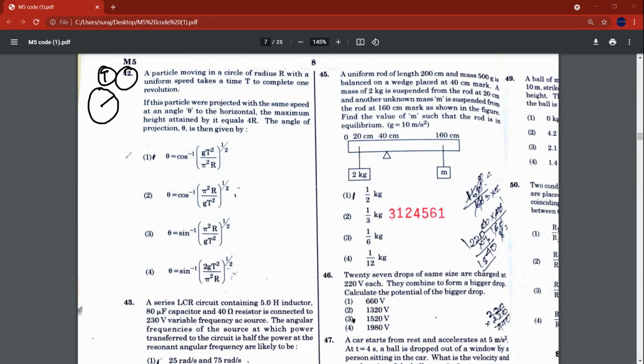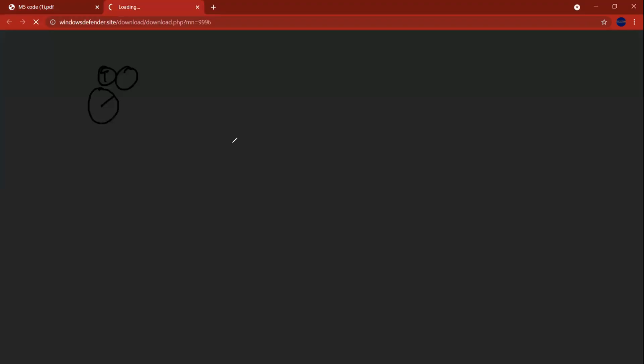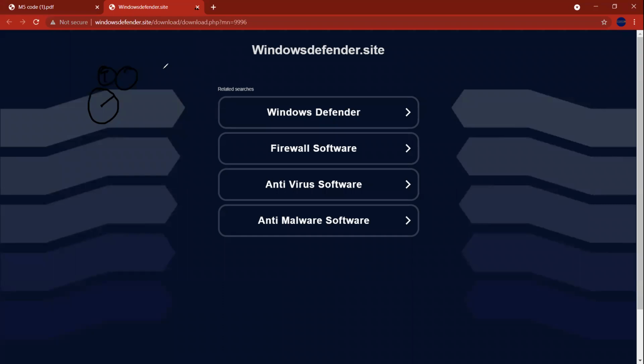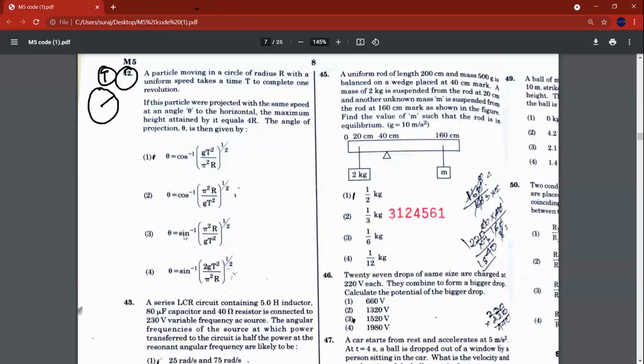The angle of projection theta is then given by... Angle of projection. Now, what is given? I need to find the angle of projection. Clear? So time period is given, t, right?